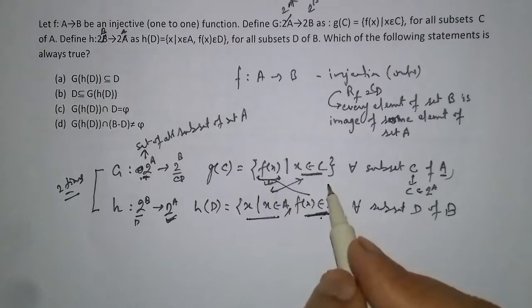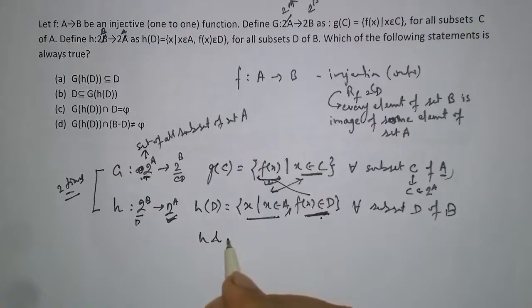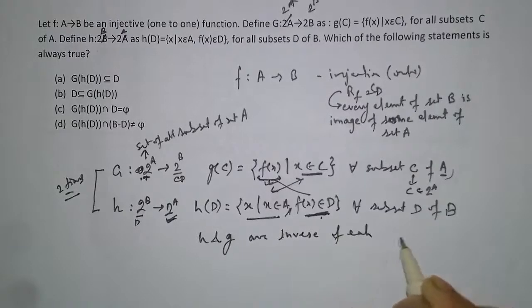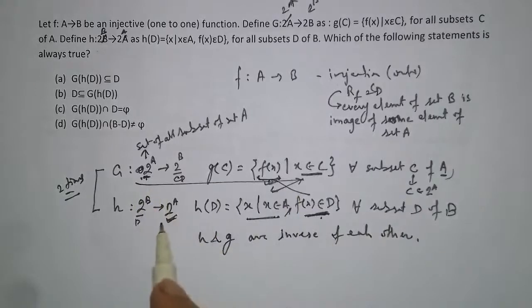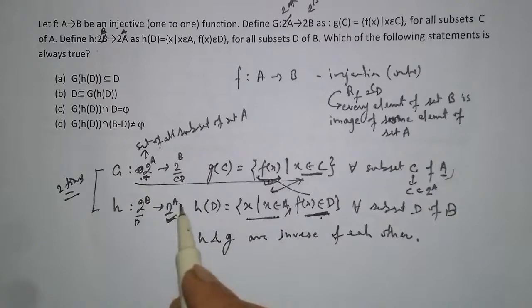From there we will conclude that both the functions h and g are inverse of each other, because it is written clearly. The definitions of the functions are in such a way that h and g are inverse of each other.